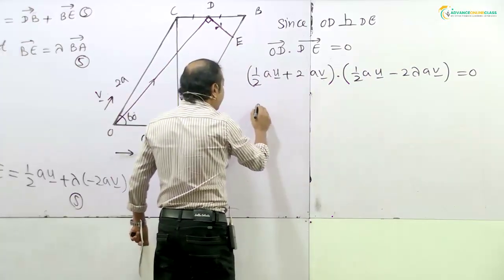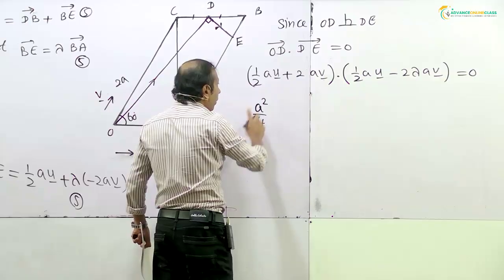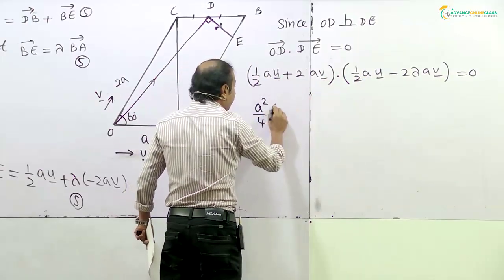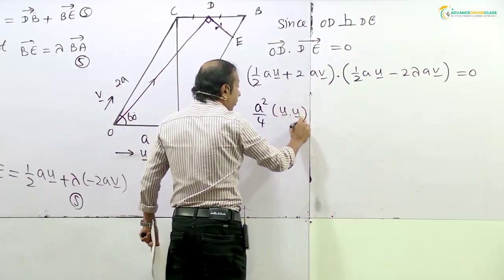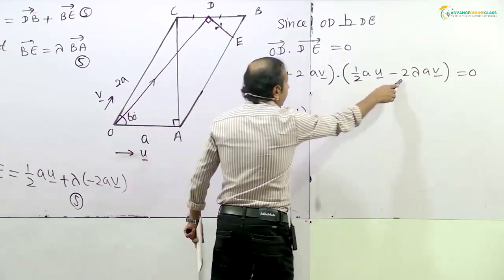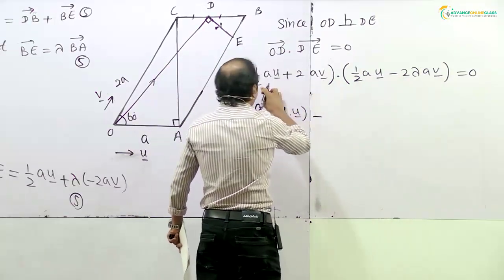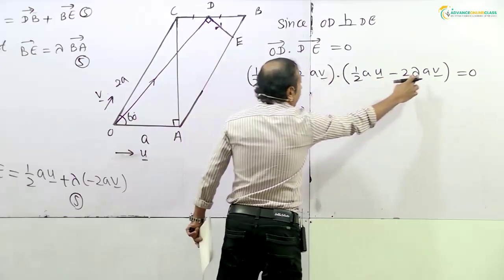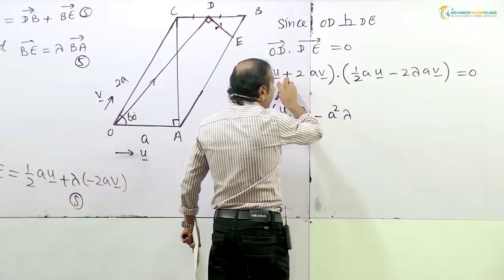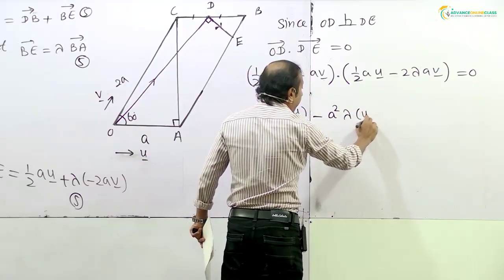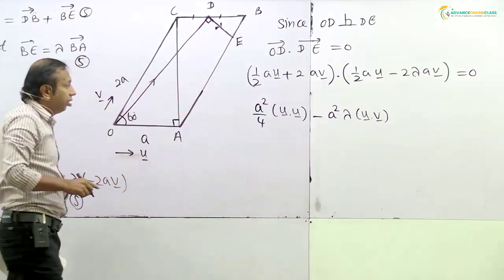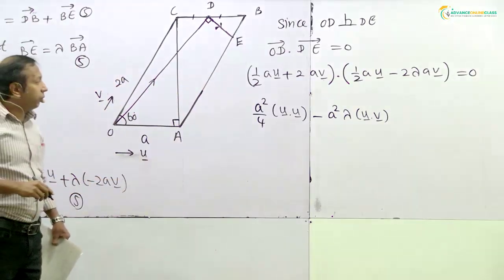What do you get? a squared over 4, a and a squared, 2 and 2, 4, U dot U. Am I correct? Next one, this and this. 2 and 2 we can cancel down. a and a squared lambda U dot V.